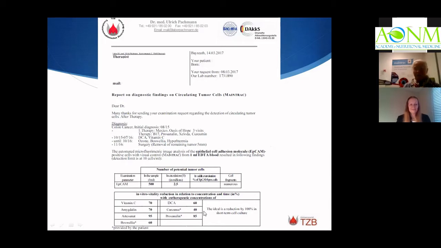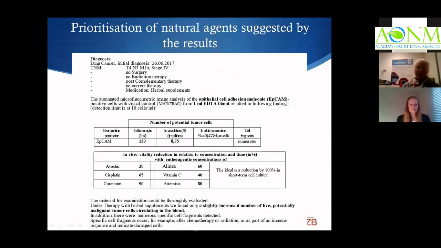And as you can see here, this patient responded well to vitamin C, not so well to another. Here, another patient, cell number, and then here the different substances.